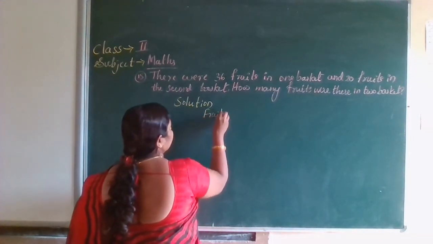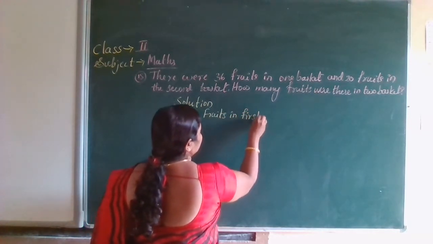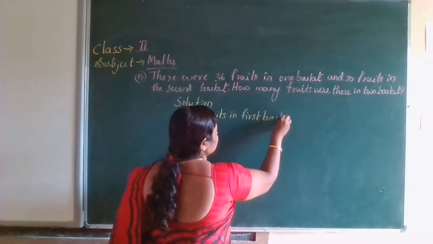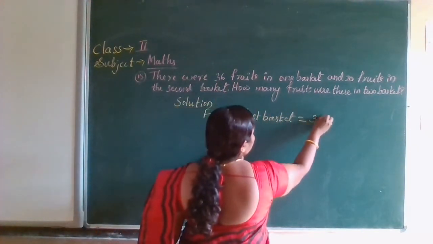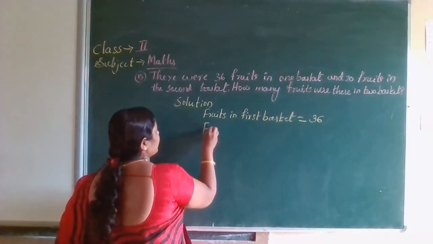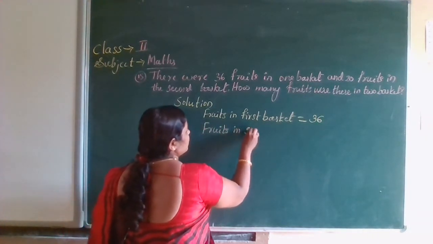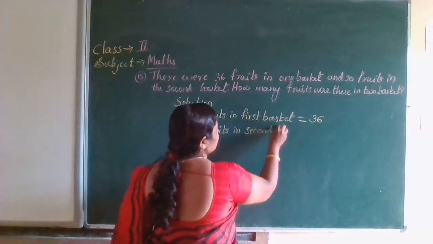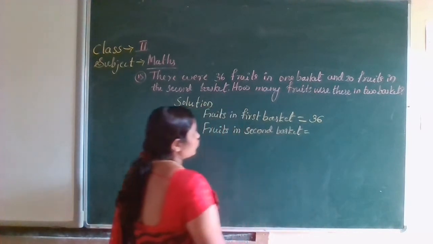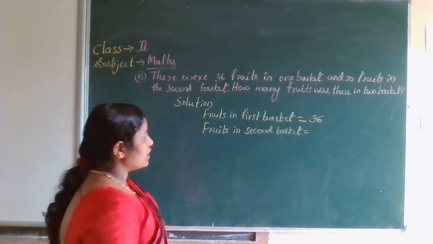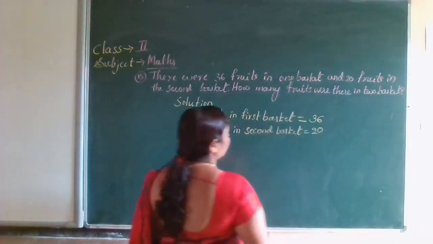Fruits in first basket is equal to 36. Fruits in second basket is equal to 20.